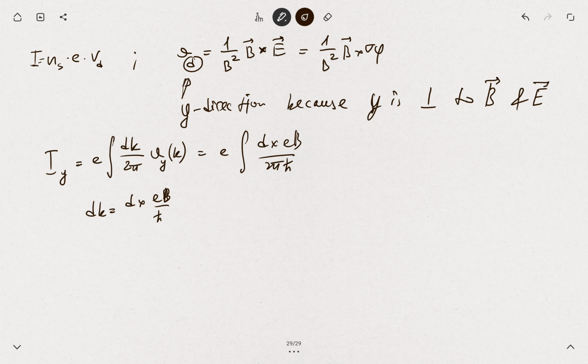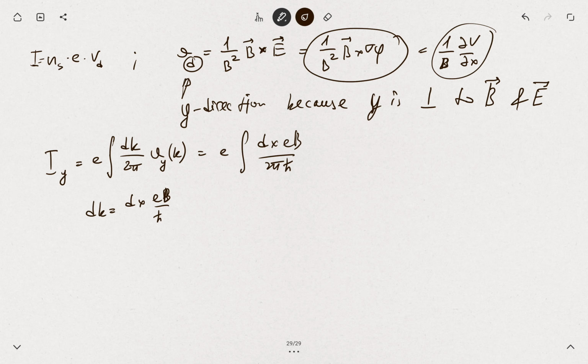And then the velocity, we take this one here, which would be 1 over B dV dx, the gradient in the potential along this direction. So we put that one there as well: 1 over B dV dx.